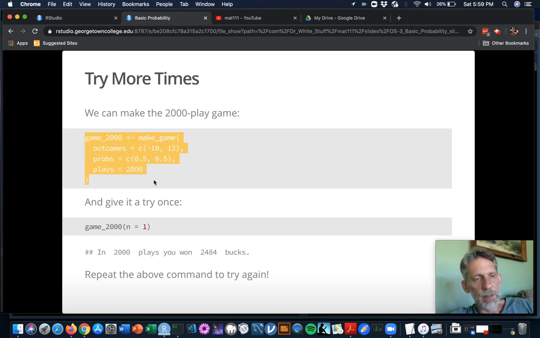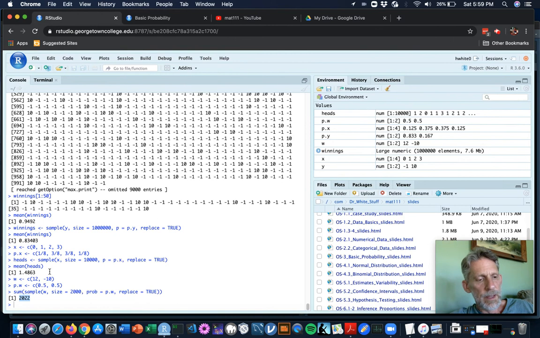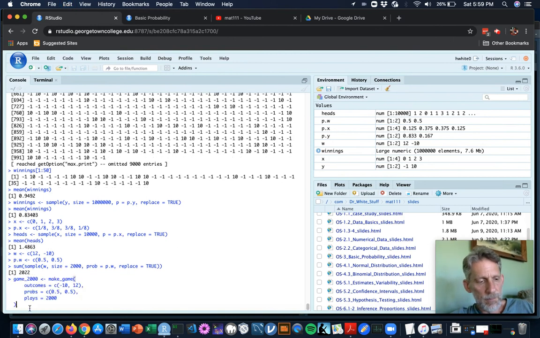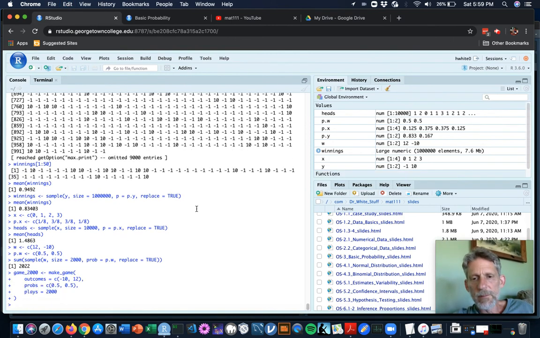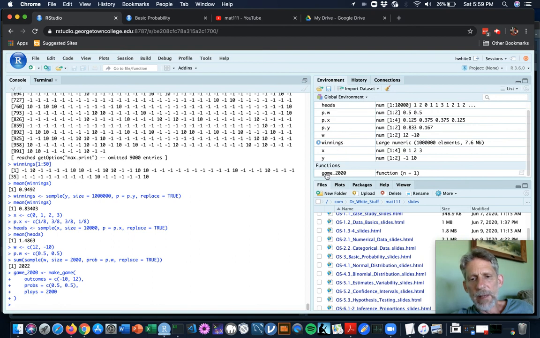So I'm going to copy that, head to RStudio, paste it in and run it. And now I've got my game 2000 in my global environment here. It's a function of a little parameter n, which by default is 1. N is how many times I want to try playing this random variable 2000 times.